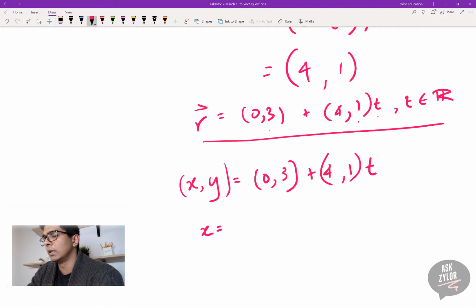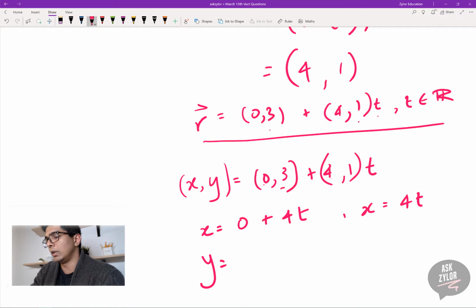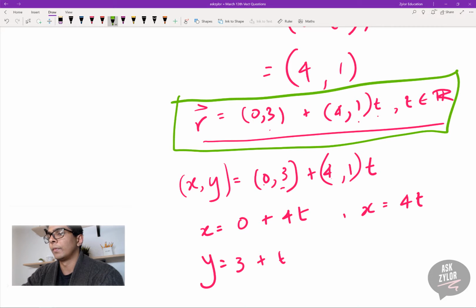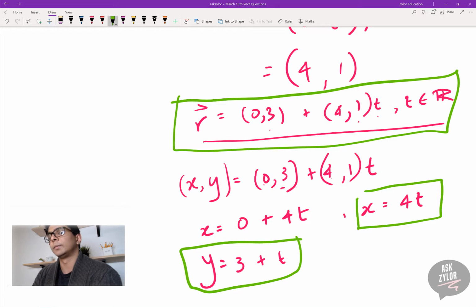For my x, I'm going to add all my x terms, so I have 0 plus 4t. In other words, x is equal to 4t. And then my y is going to be 3 plus 1 times t, which is going to give me 3 plus t. So I found my vector equation, and from my vector equation I came up with my parametric equations.